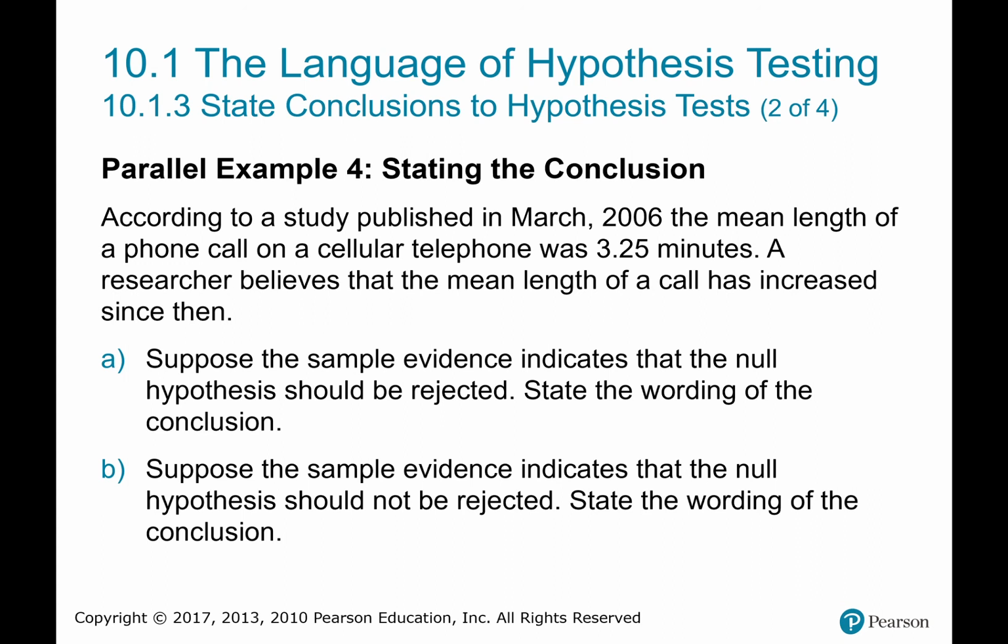And then for the next one, suppose the sample evidence indicates that the null hypothesis should not be rejected. We would say that we fail to reject the null hypothesis. There is not enough evidence to suggest that the mean length has increased.